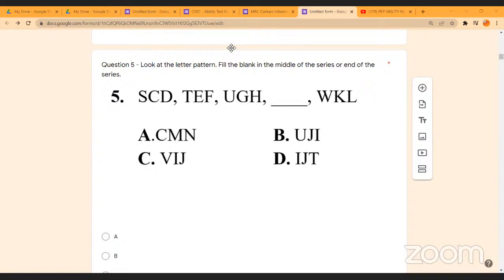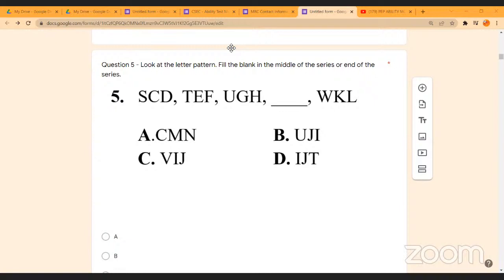If you're thinking about it, you can just let me know. Miss, S comes first. So you see S first, then T, then U.